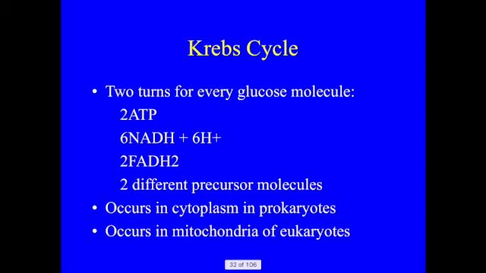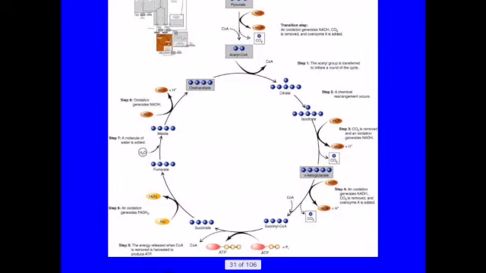But it doesn't tell us anything about it. Like, why don't I just call it the Snooki cycle? That would tell us about as much of what's going on in this cycle as the name Krebs cycle. So this is called the citric acid cycle. Let's take a look at it. And I cut the pyruvate off at the top.